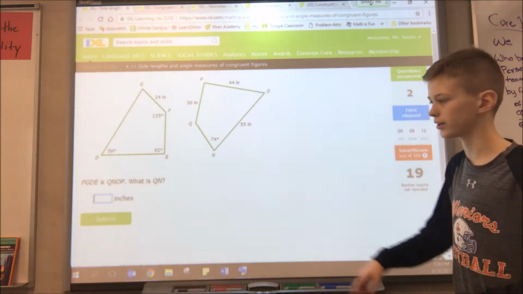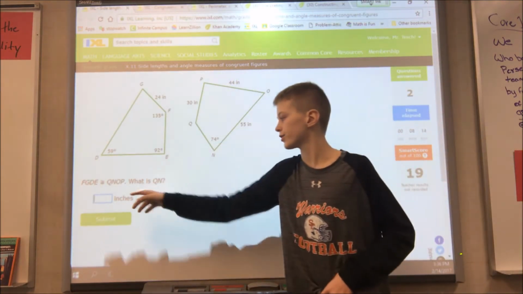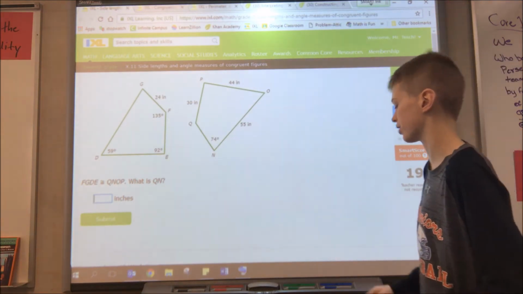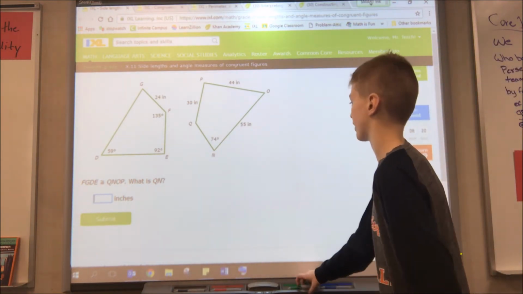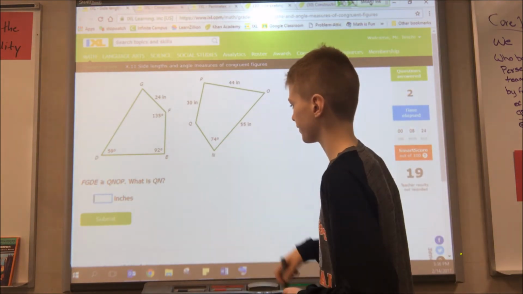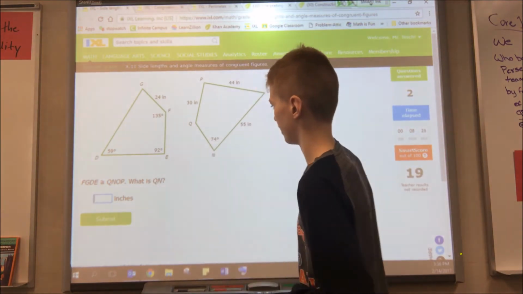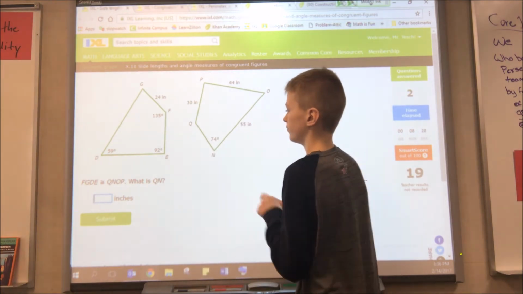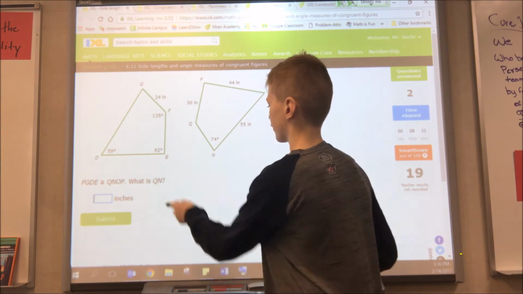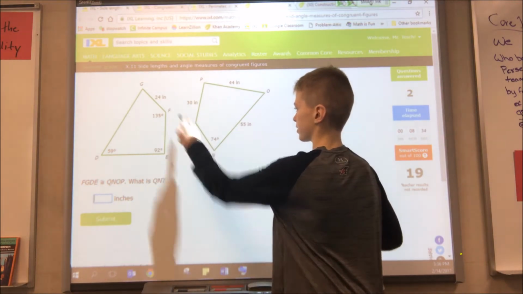Another four-sided one. If you take FGD, that equals QNOP. What is QN? So this one's two angles, so it would be Q and N. So what is the length between them? But first we have to figure out how this one lines up to this one.